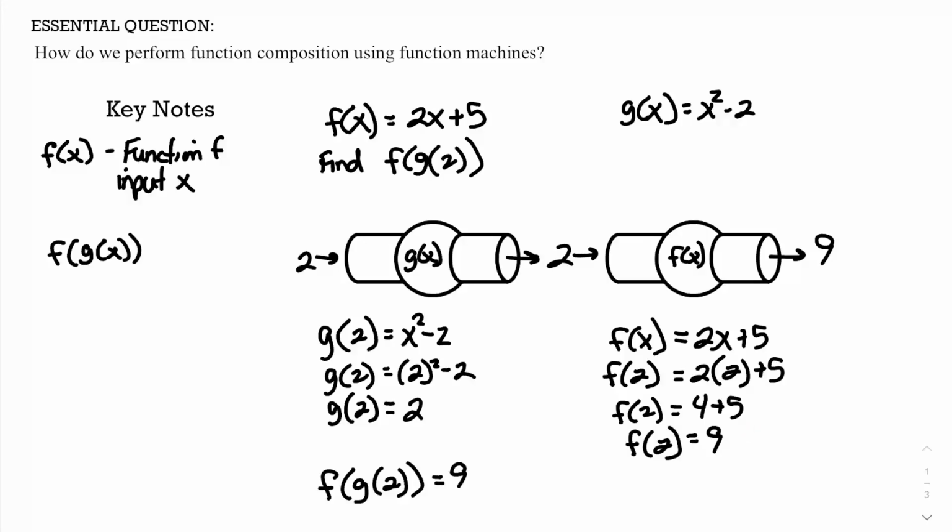So we're taking this inside function, evaluating it for 2, and then taking that output and plugging it into the outer function.